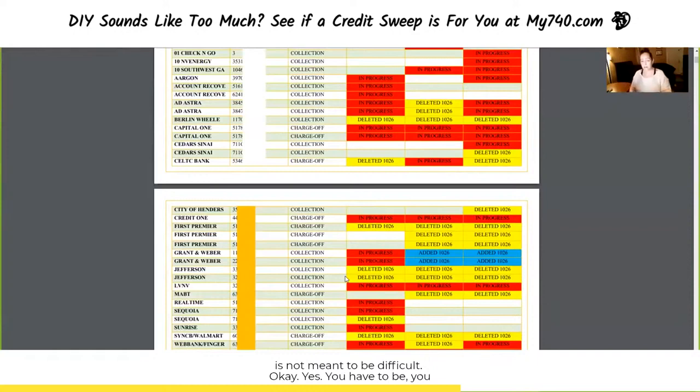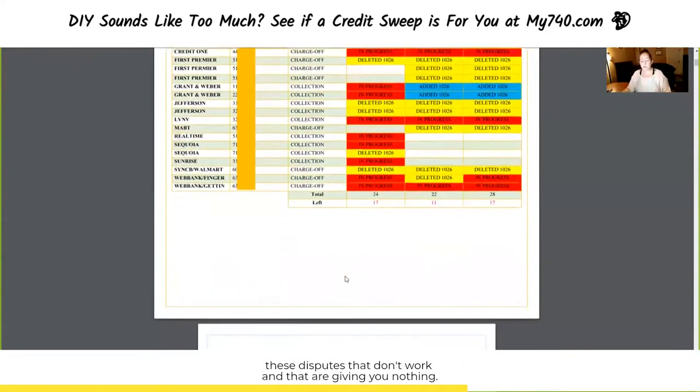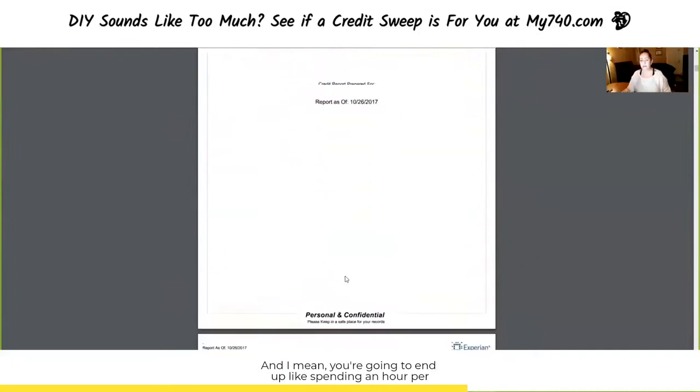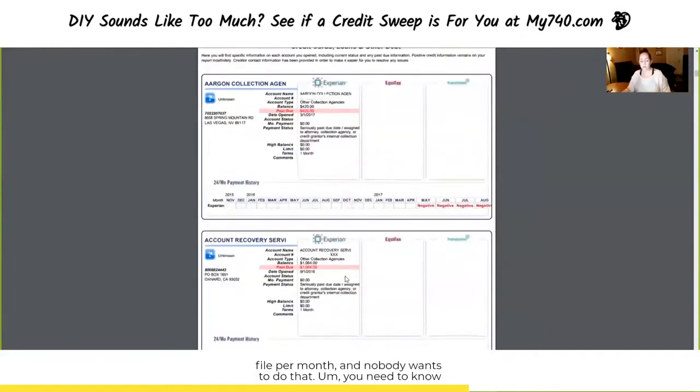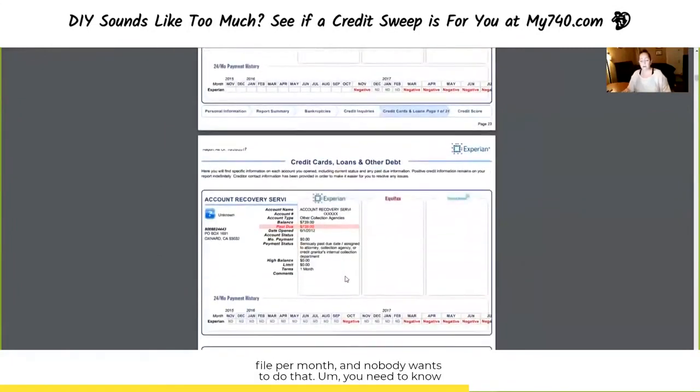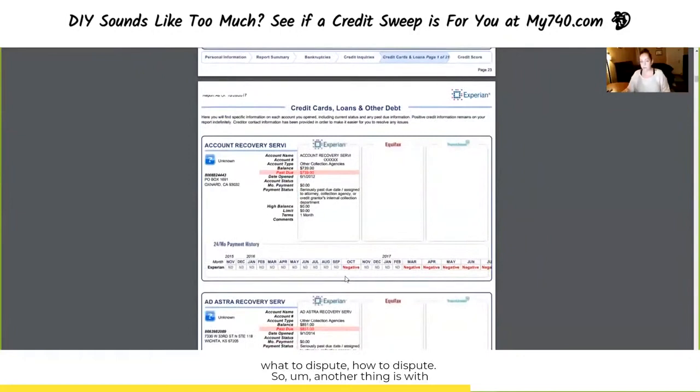Yes, you have to be smart and know what you're doing and know all the laws, but put it in a simplified manner and make it as easy as possible, because doing otherwise is going to take up too much of your time. You're spending all your time writing these disputes that don't work and that are getting you nothing. You're going to end up spending an hour per file per month, and nobody wants to do that. You need to know what to dispute and how to dispute.